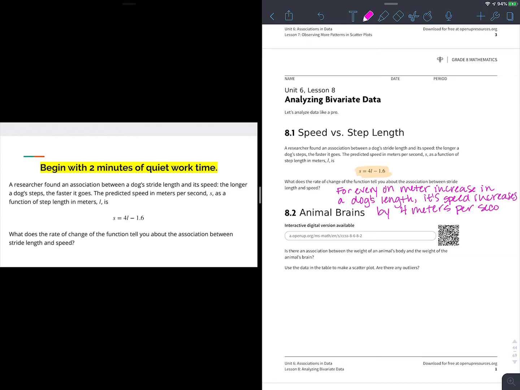And we would identify that as the slope if we were technically speaking, which is also, we would say, our rate of change.